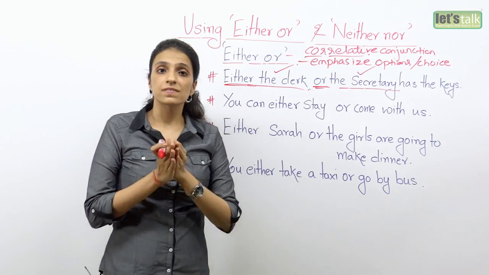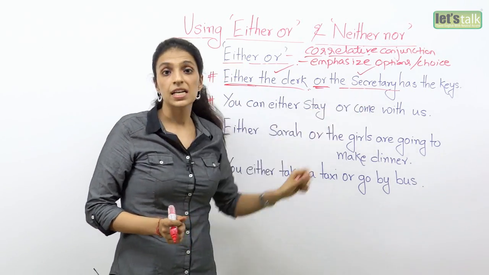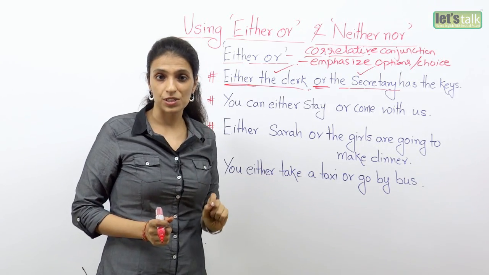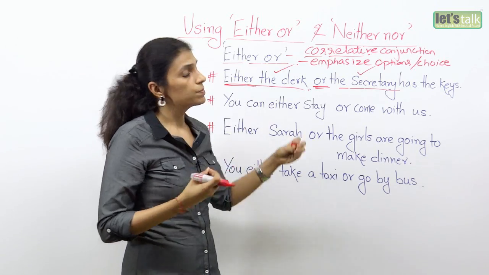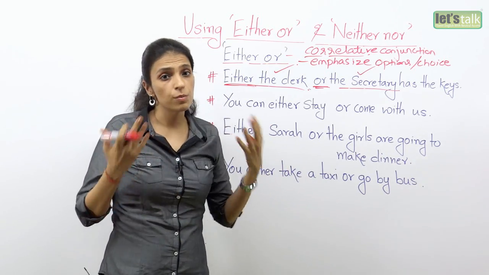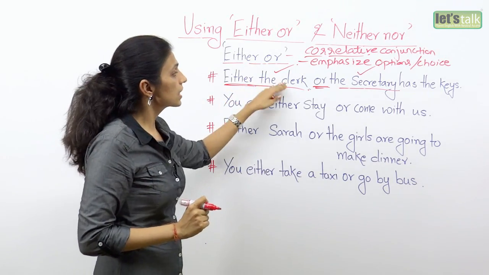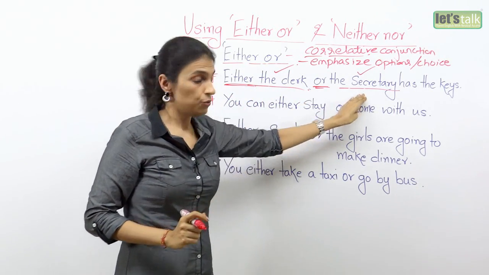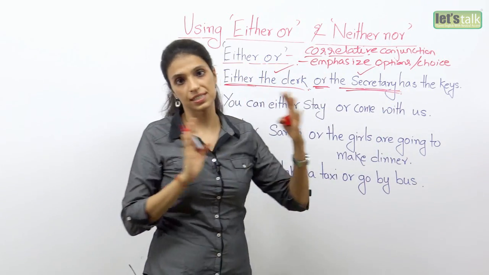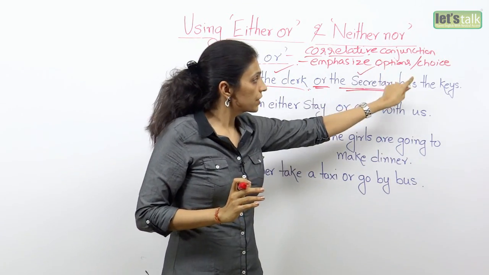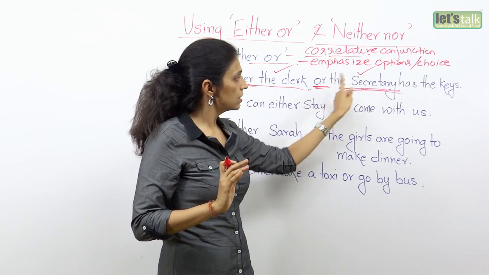Now the next important thing to remember when you use either/or in a sentence is the verb that follows. A lot of people make mistakes. They don't know whether the verb is singular or plural, which form of verb to use. So now I'm going to tell you, either the clerk or the secretary. Secretary is singular. I have not said secretaries. So the verb that follows has to agree with the secretary.